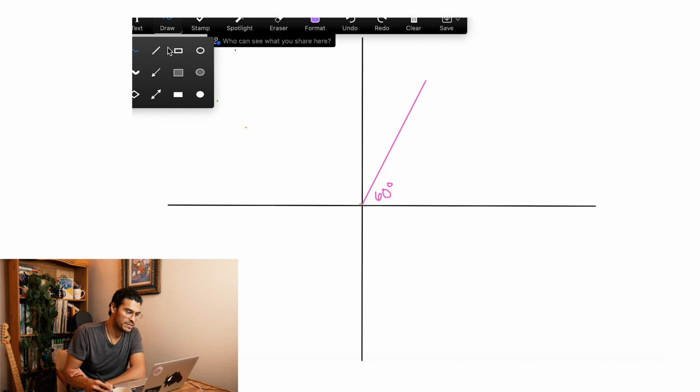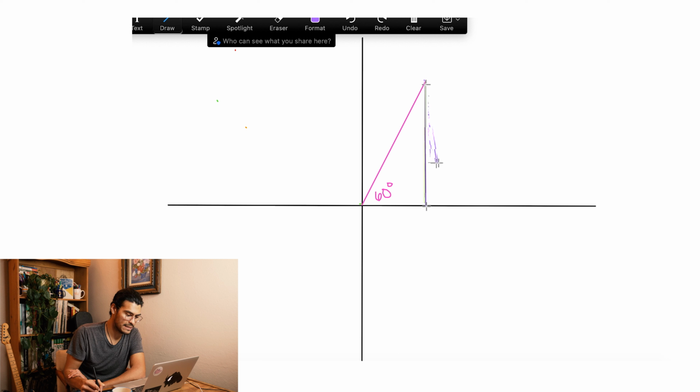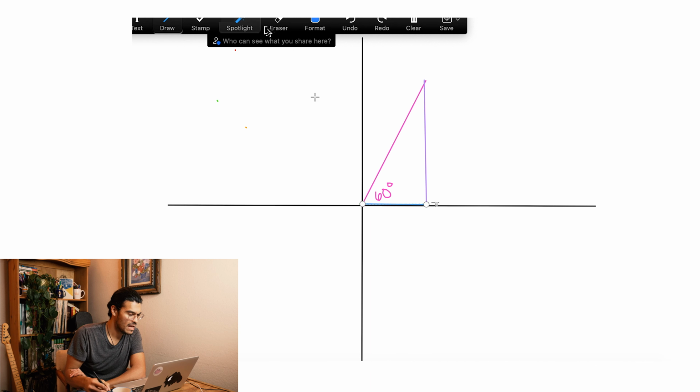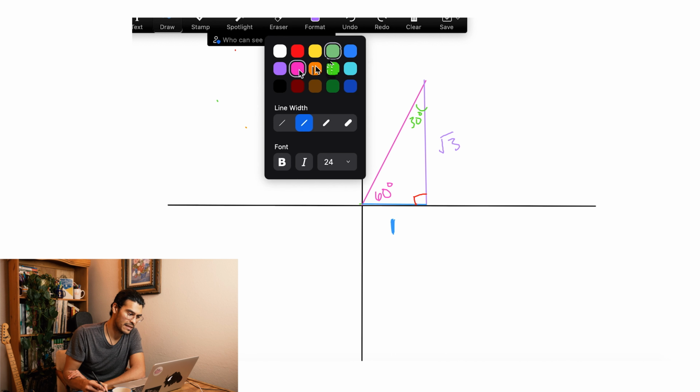We would still draw our line down this way, and make our third side, and we would see that our right angle is formed right here. And we would know that if this was 60 degrees, this side was 30. Now the short side, instead of being vertical, is flipped, and the short side is horizontal. This is our short side, which means this side has a ratio of root 3, and this side is 2.